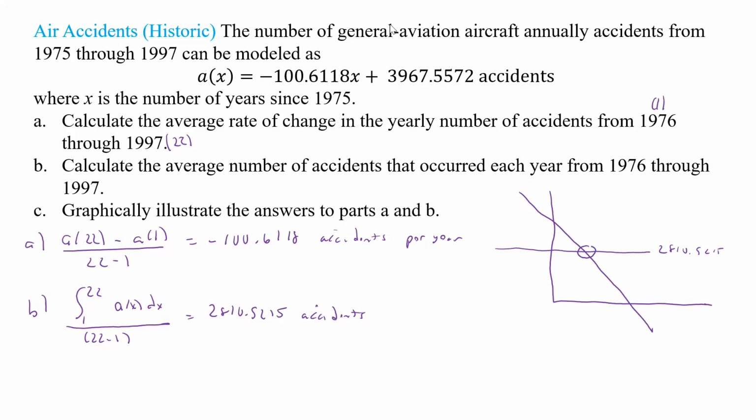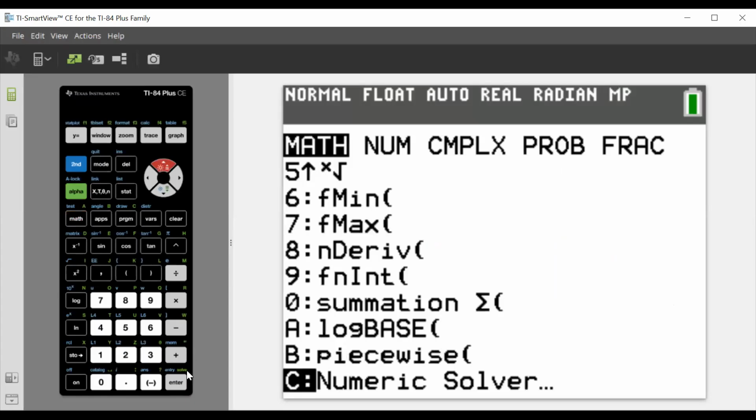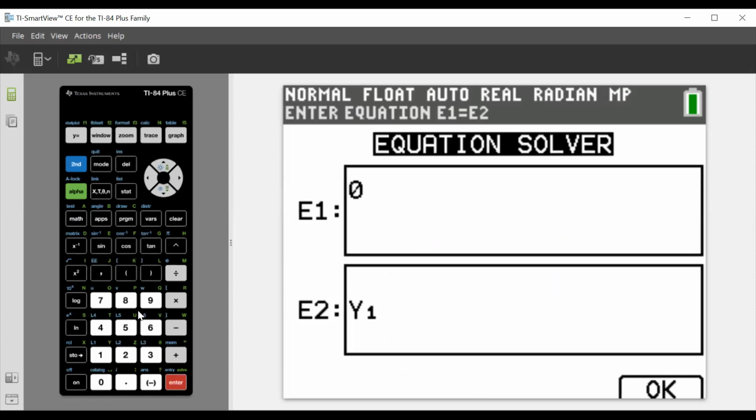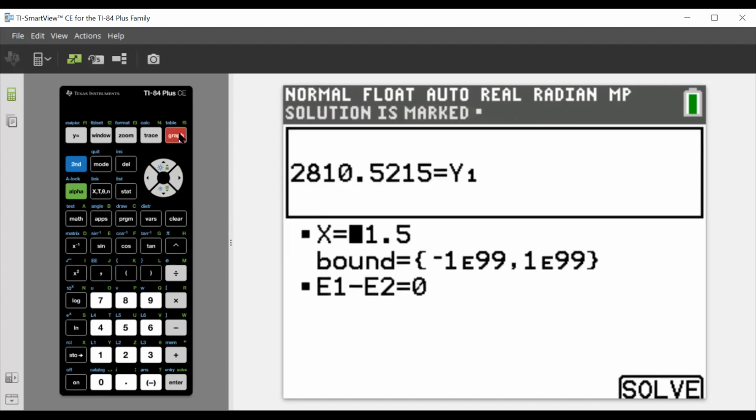And so if we solve that, we could do math, numeric solver, and say, when is it 2810.5215? And we can then do our next part. Well, it's y1. Okay, so that one is a curve.